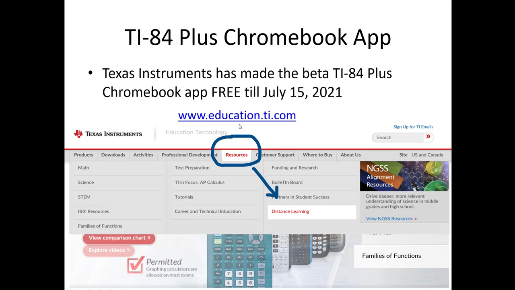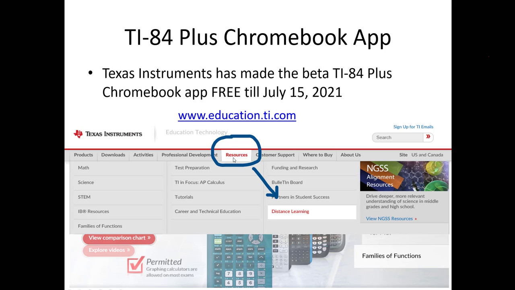That's TI's website. You click on Resources, and you look for the Distance Learning link. Once you complete the request form, it will go to your consultant for Texas Instruments, and they will then, within the next 24, 48 hours, whatever, send you the extension ID, which you can then share with your IT or any student that has access to a Chromebook.